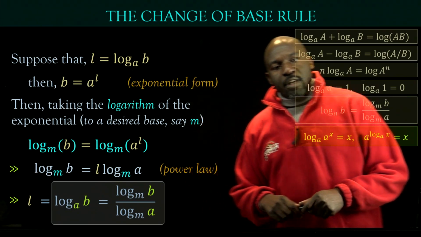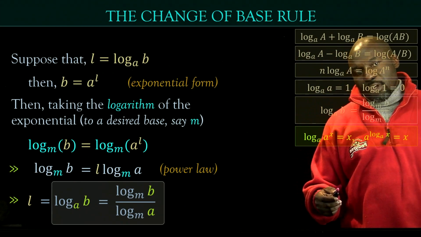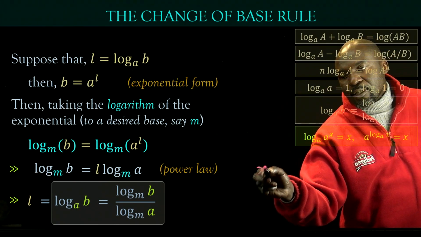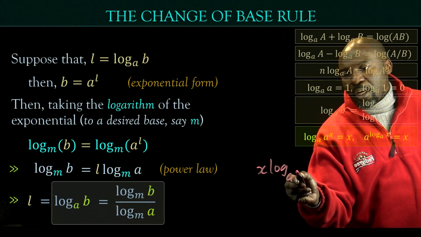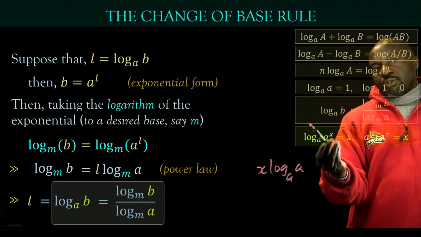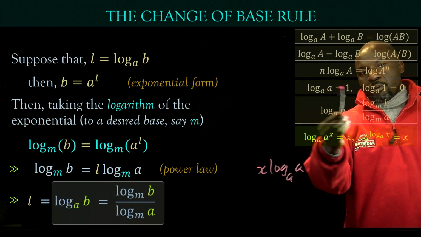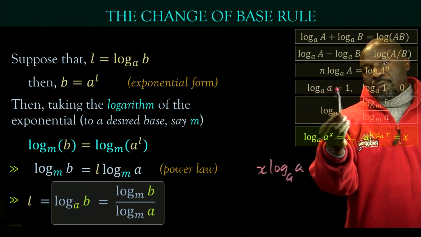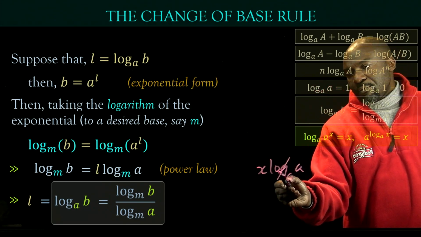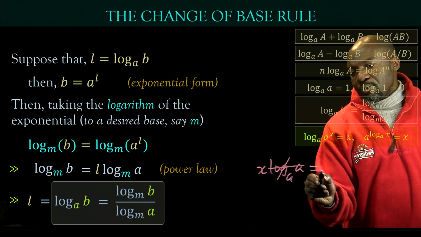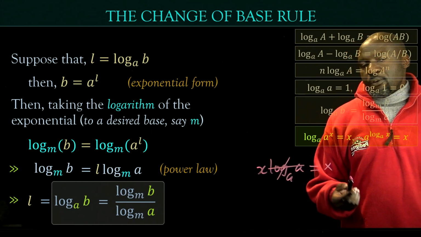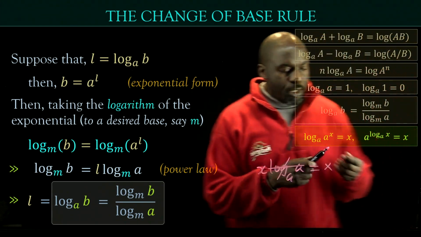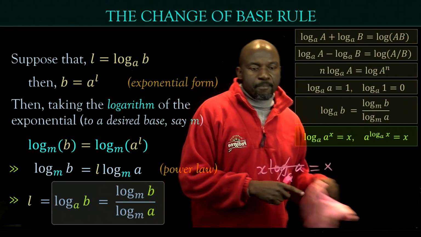So if I'm given log to base a of a to the power x, then I can write that as x log to base a of a. But again, we saw from law number 4, basically the unity law, that log to base a of a is 1. So this is effectively 1, and this leaves me with x, right? And therefore this first part of the law is obvious, pretty clear, easy to see.